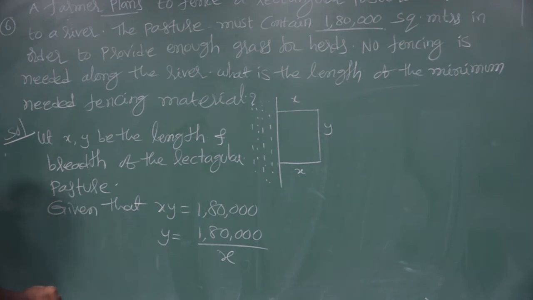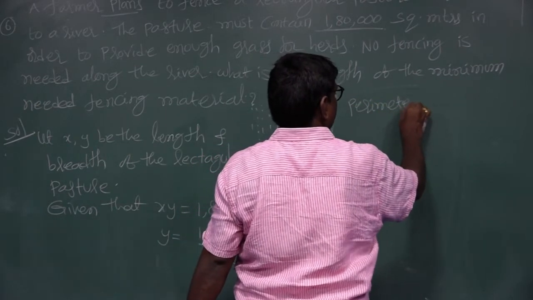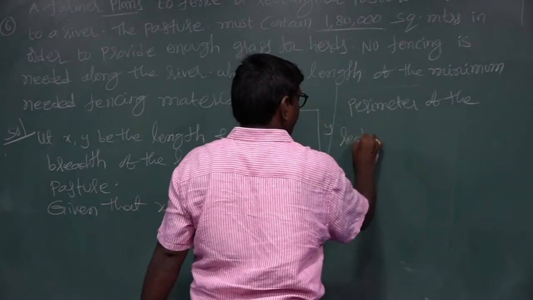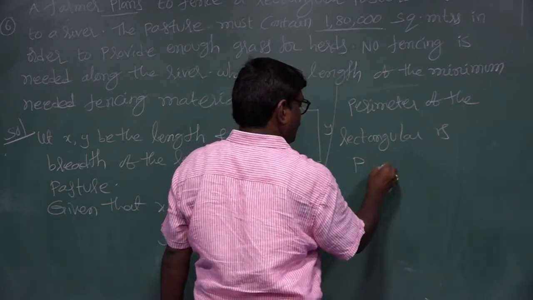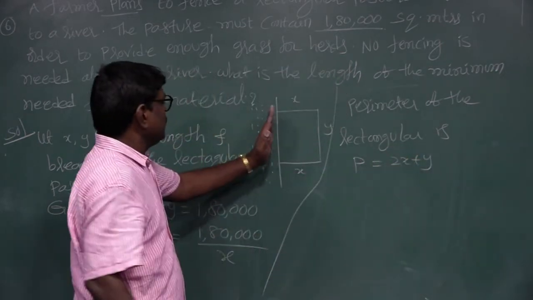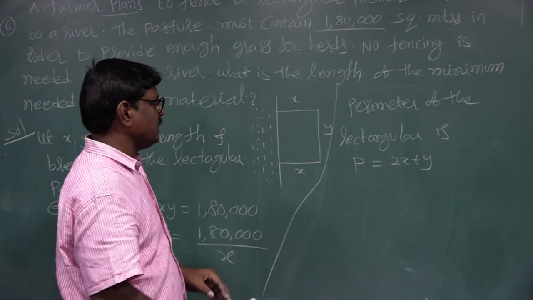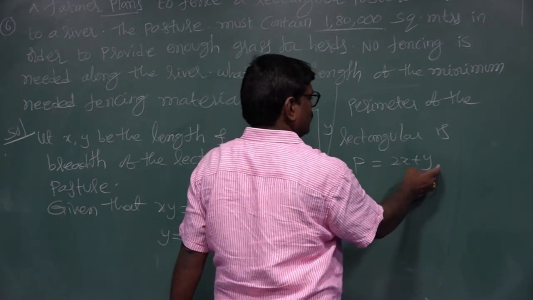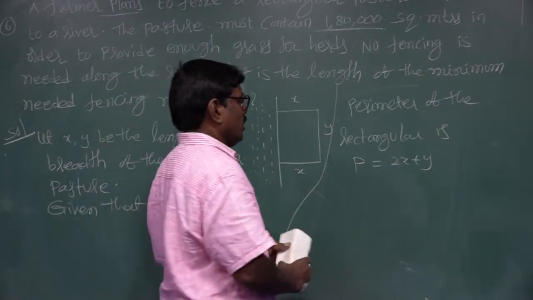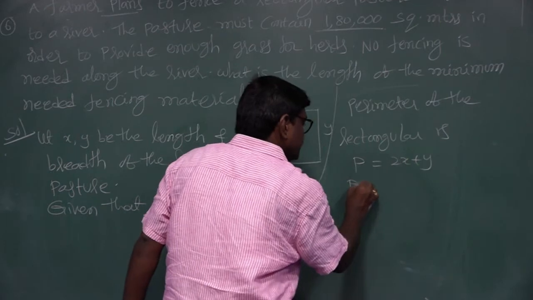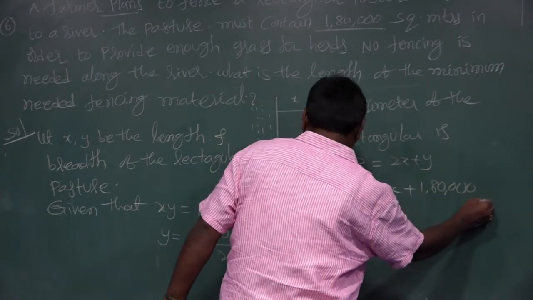Now the perimeter of the rectangle: P equal to 2x plus y, since the river side need not be fenced. P equal to 2x plus y, where the value of y is 1,80,000 by x.